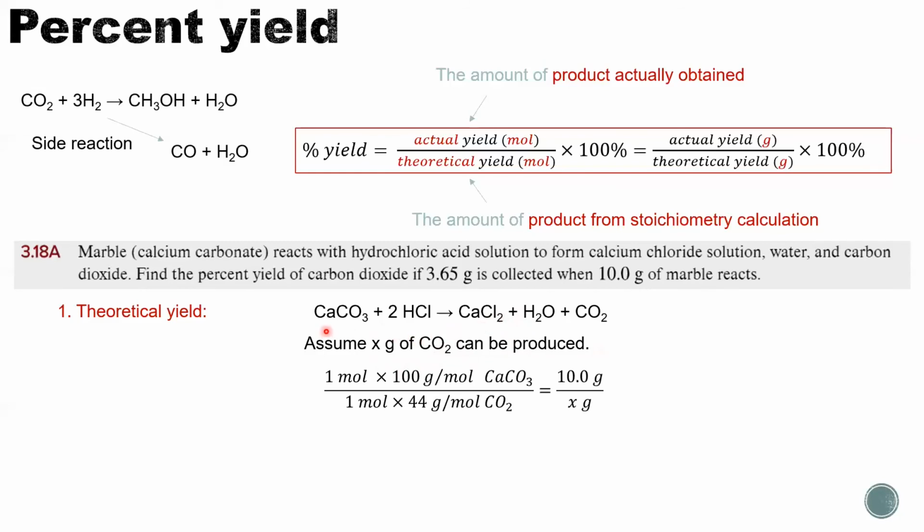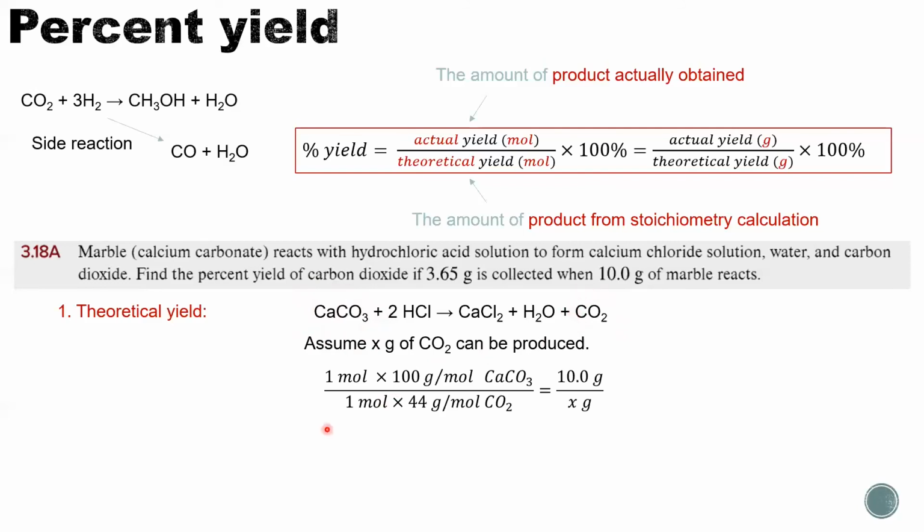Originally, we only have 1 mole, right? But if we want to establish a proportion of mass, that is different from the proportion of quantity. So we need to use 1 mole times the molar mass of marble, calcium carbonate. If we have this amount of mass of calcium carbonate, we can produce this amount of mass of CO2.